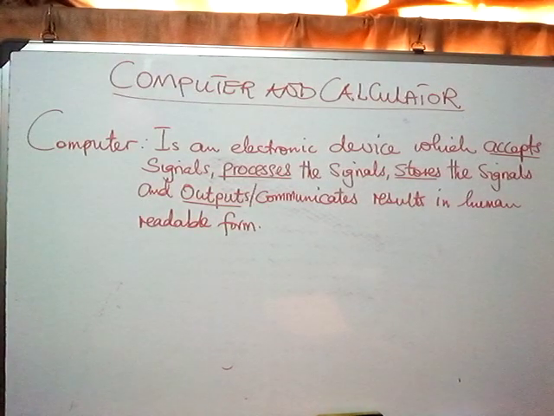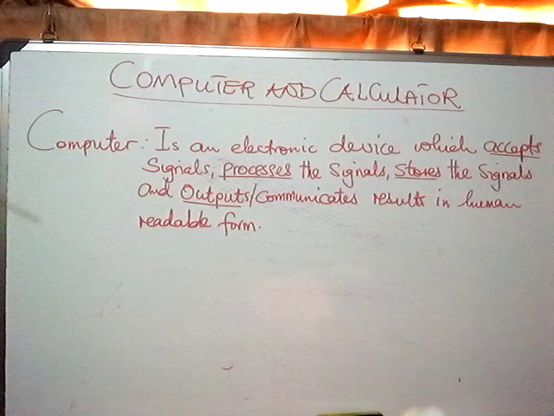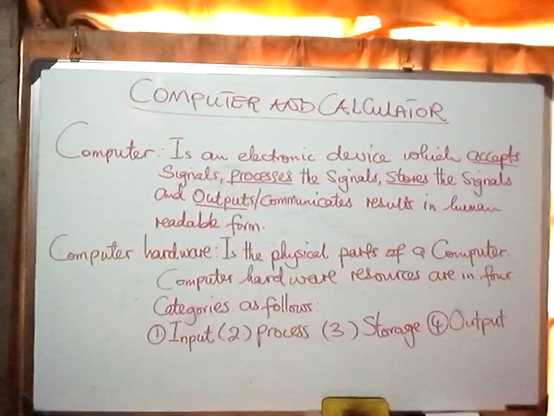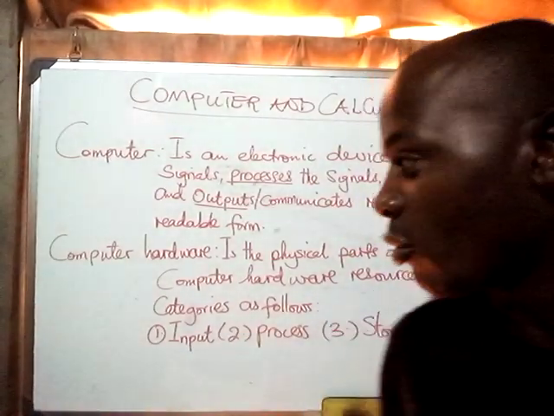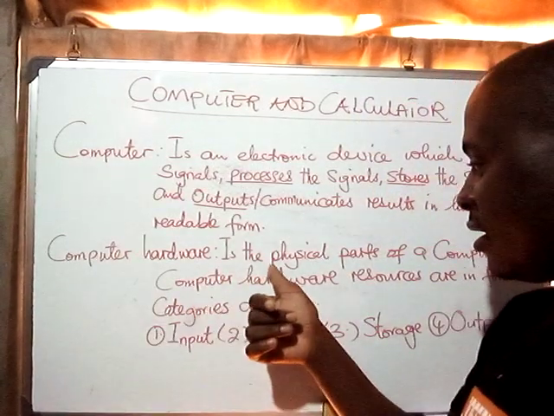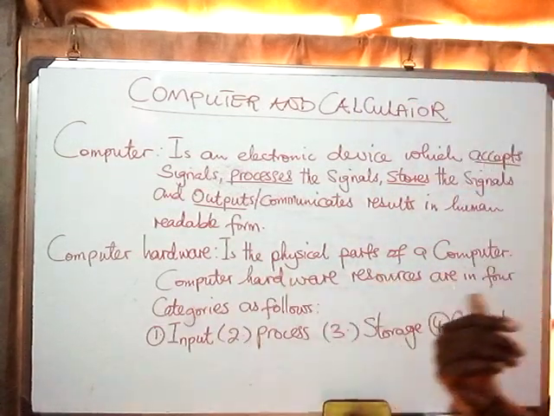Now a computer has a part which is known as hardware. So let's look at the computer hardware. What is it all about? Computer hardware refers to the physical parts of a computer.